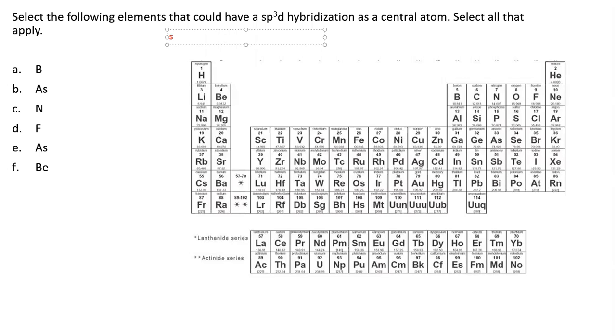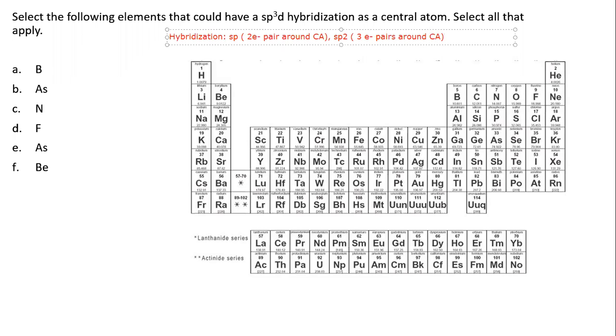And so with hybridization, there are different types depending on the electron pairs. So for example, sp hybridization has 2 electron pairs around the central atom. Then we have sp2, 3 electron pairs around the central atom.